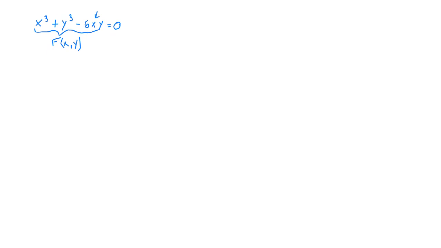So I brought the 6xy over to the left side and wrote the equation like this. And so you see now my big function f is a function of x and y, certainly. We can see that based on the left-hand side of the equation.